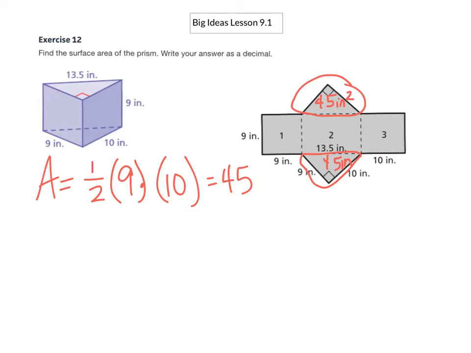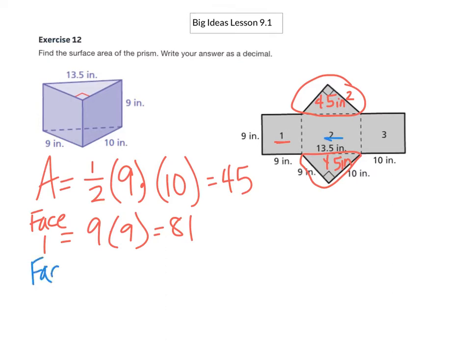Then I'm going to look at the area of face 1. So that would be 9 times 9, or 81. So we'll write face 1. And then we're going to look at face 2.